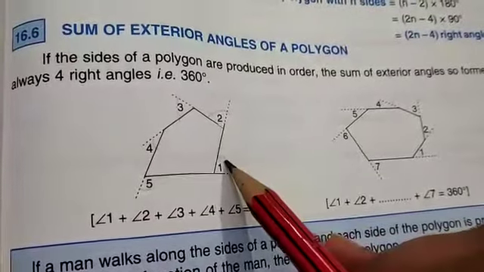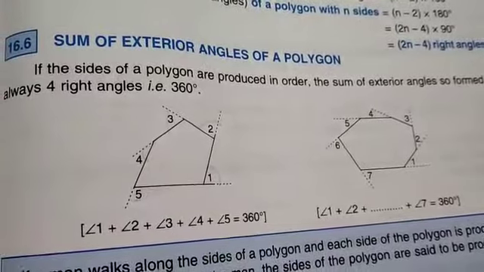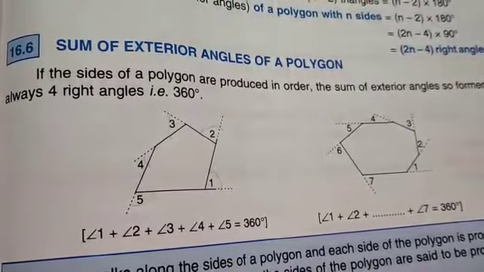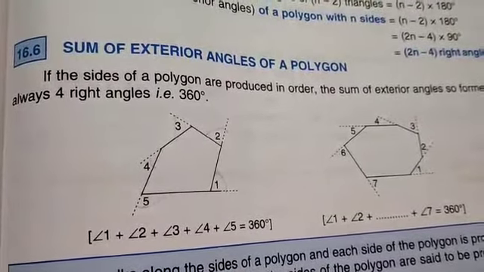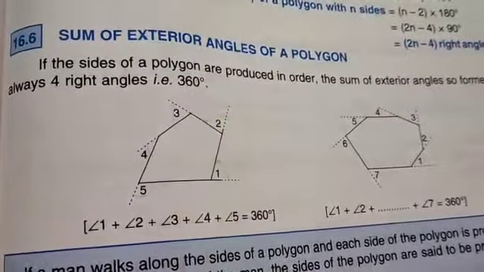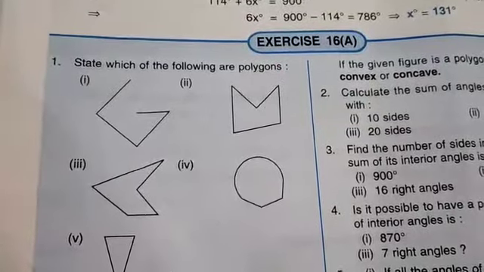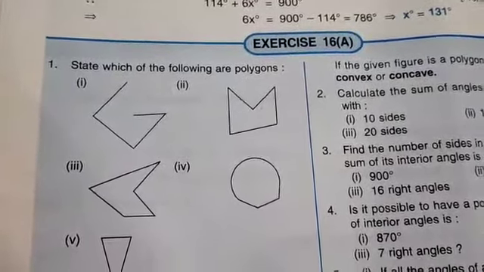So here 1 is the outer angle, 2, 3, 4, 5. All are the outer angles, and these outer angles are called exterior angles. And the sum of exterior angles of a polygon is always 360 degree.